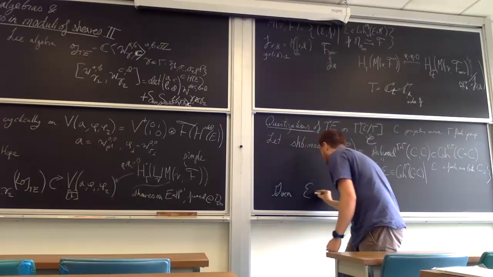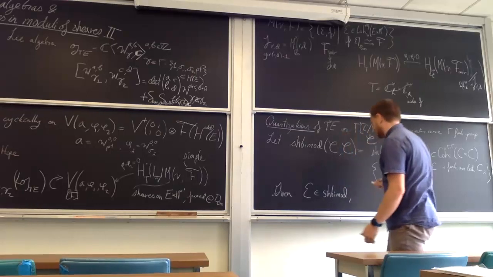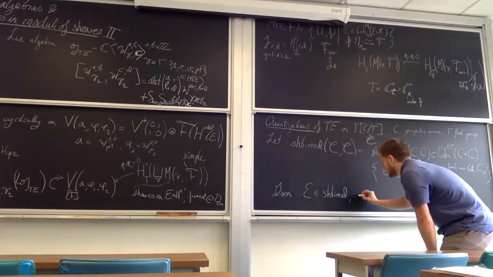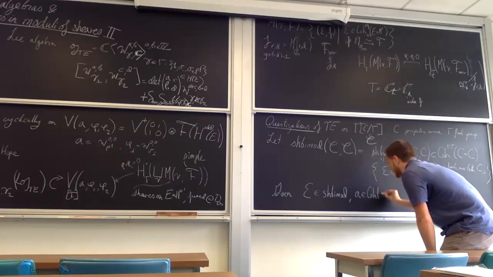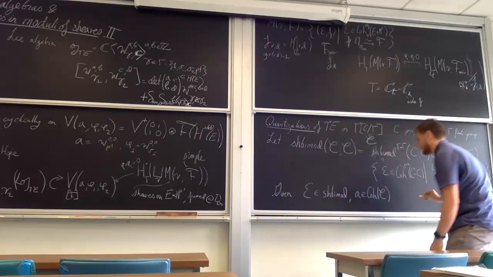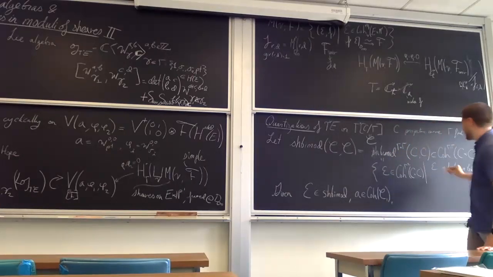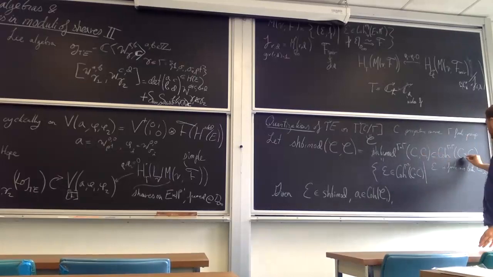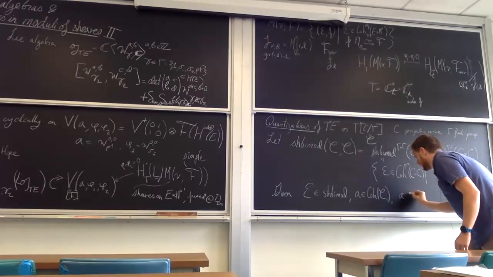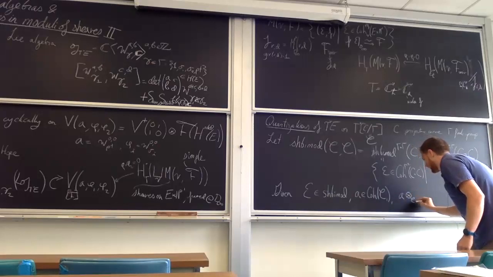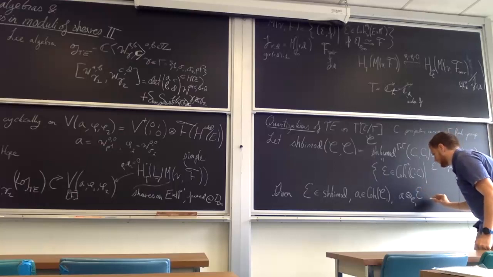And so given E in SH bimod, and then also given some A, which is a coherent sheaf on C, let's say, call this C1 and C2 for the first and second factors. We're going to define A tensor C1 convolution by the sheaf bimodule.